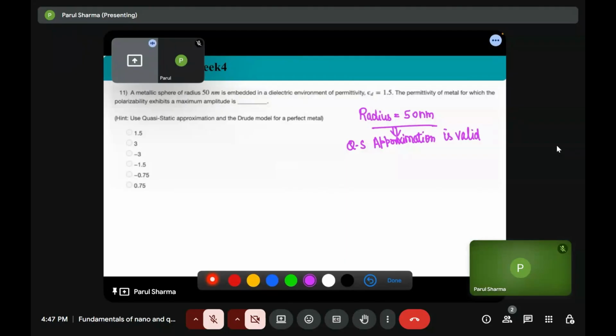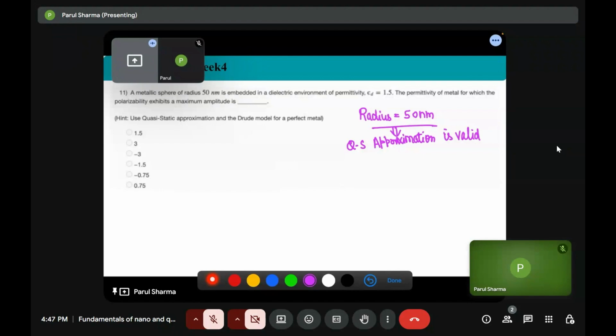Epsilon d is equal to 1.5, and we have to find the permittivity of the metal for which the polarizability exhibits the maximum amplitude.